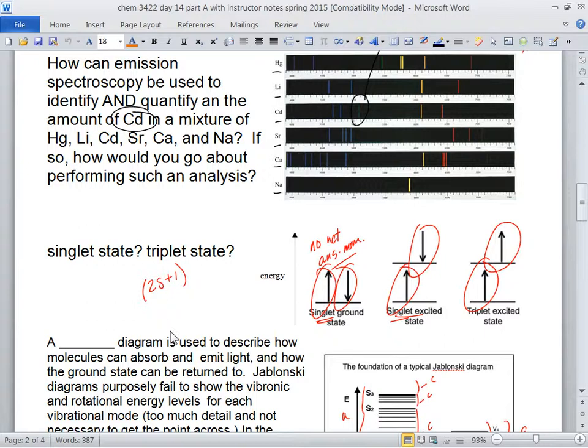Right. The triplets where I have both spin up, is that what you call triplet degenerate or triplet degeneracy? Okay, now to get degeneracy, it almost depends on what the system is that you're referring to, because sometimes you don't see degeneracy until you apply a really strong magnetic field, and they call it Zeeman splitting.